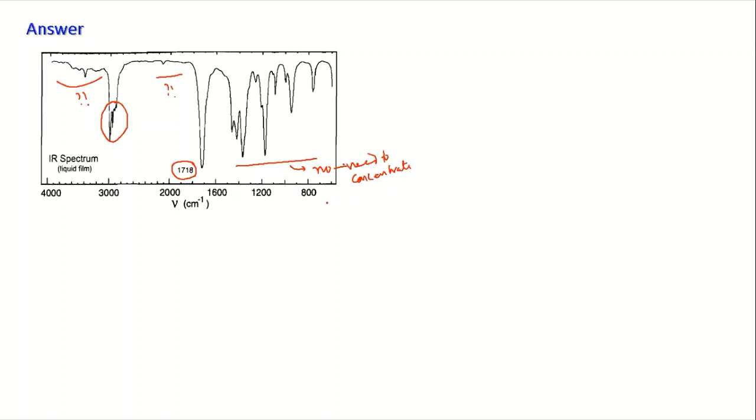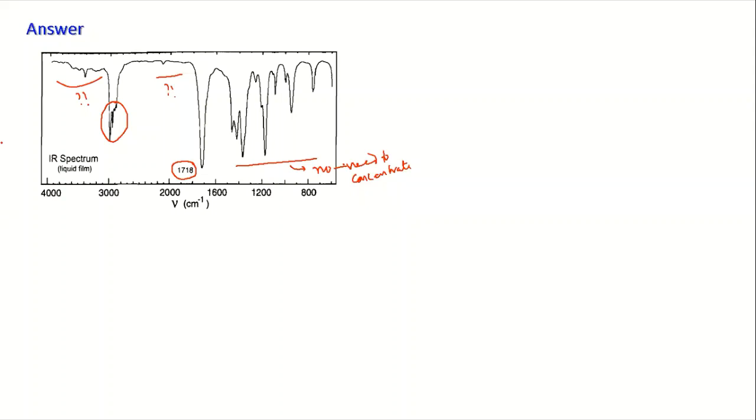Now, what do this 1718 and these peaks around 3000 mean? Who can remember? I discussed it in the last class. Can anybody tell? 1718 means ketones. Great. And this 3000 region, what is this peak?